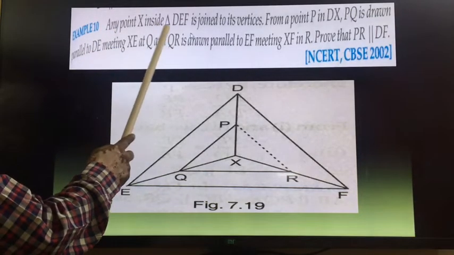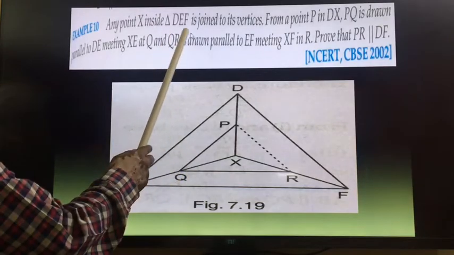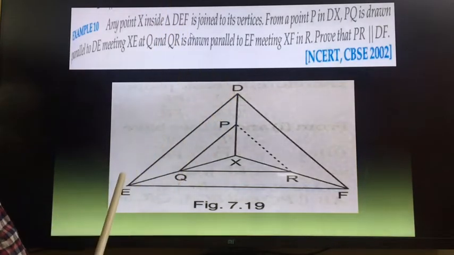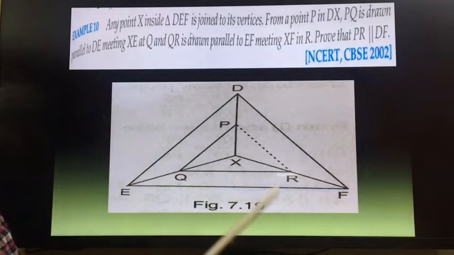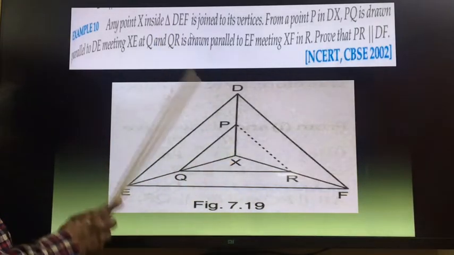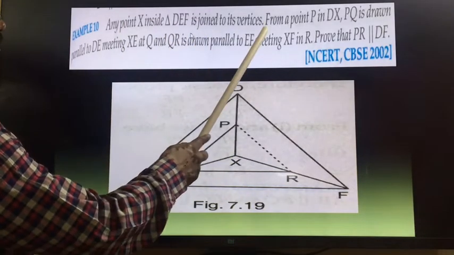Any point X is inside the triangle DEF. One big triangle DEF is given, and inside of it there is a point X, and it is joined to all its vertices.